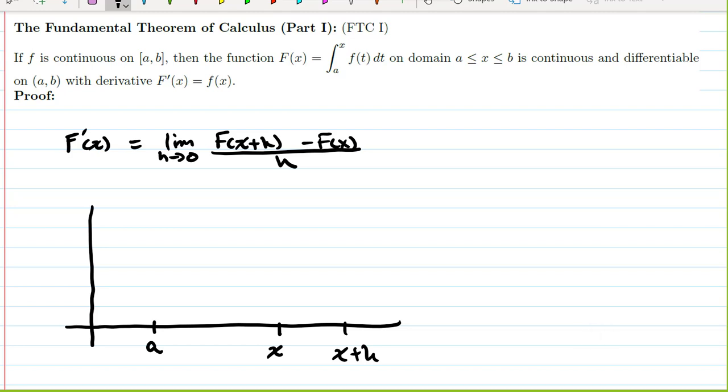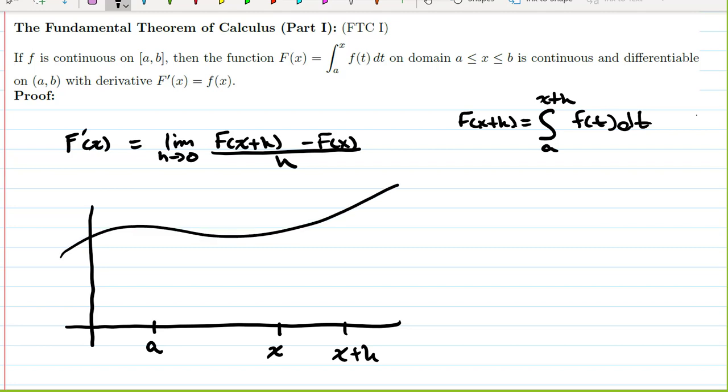So F of x plus h would be the integral from a to x plus h of f of t dt. And we know from the first couple of sections that we've done, this would represent the area underneath the curve f. So here's our curve f. Between our lower limit of integration is a, and our upper limit of integration is x plus h.